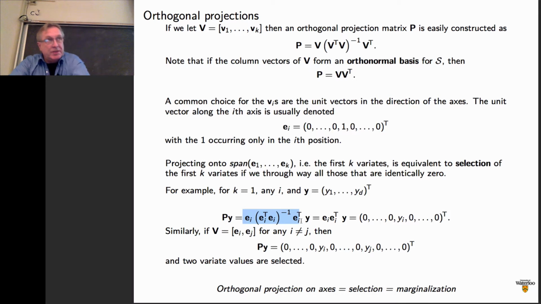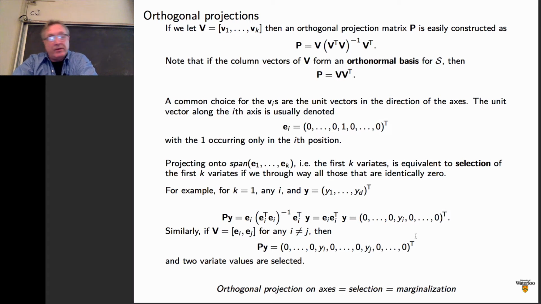E_i transpose E_i is 1, right? That's just that vector times its transpose. And we end up with the projection of y onto that direction being, not surprisingly, that one coordinate, y_i.